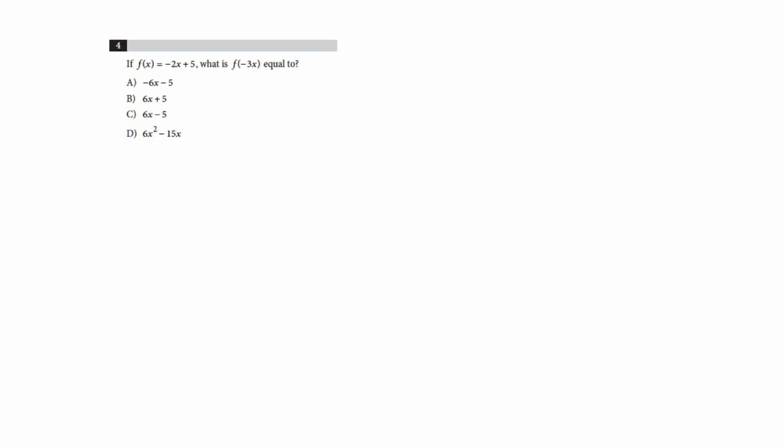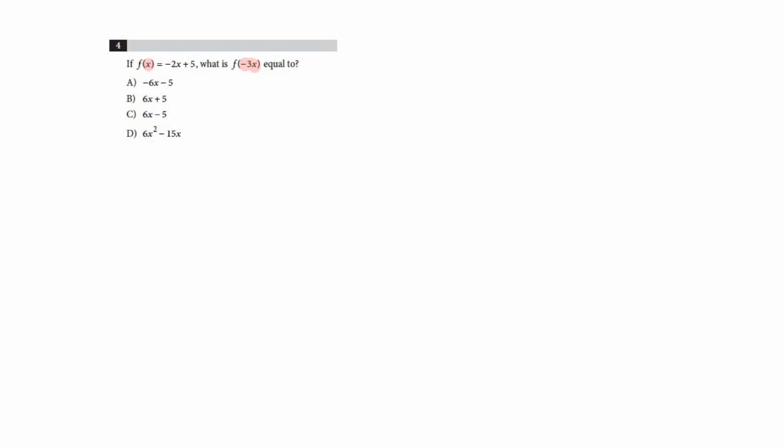Number 4. If f of x equals negative 2x plus 5, what is f of negative 3x? Well, function notation. Wherever we see an x, we're going to put the negative 3x.